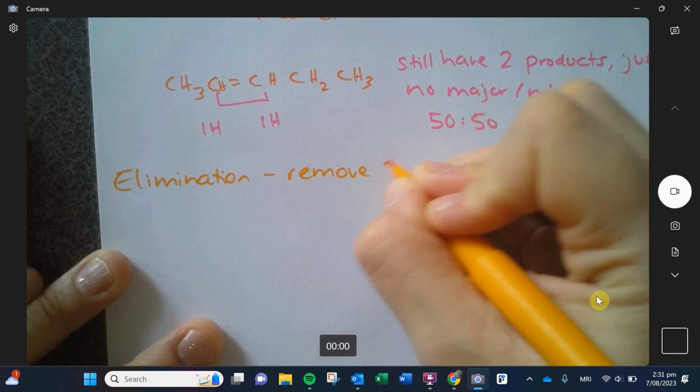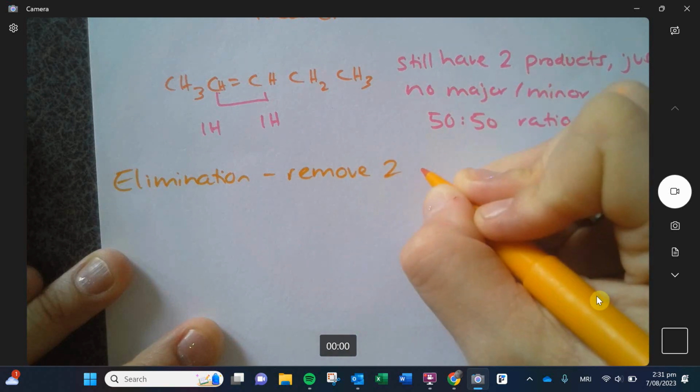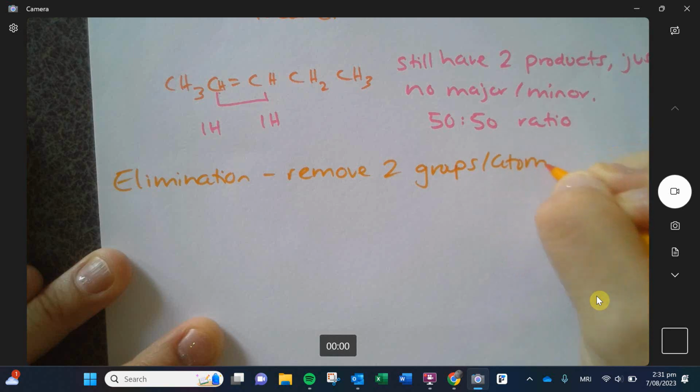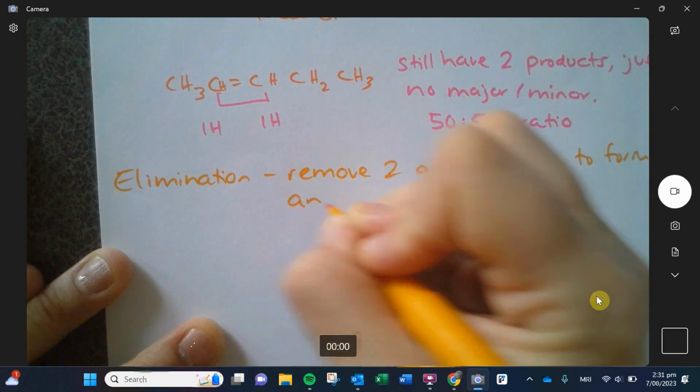So we remove two groups, I'm going to call them atoms, whichever, to form an alkene.